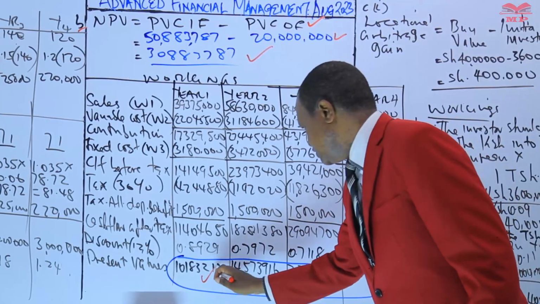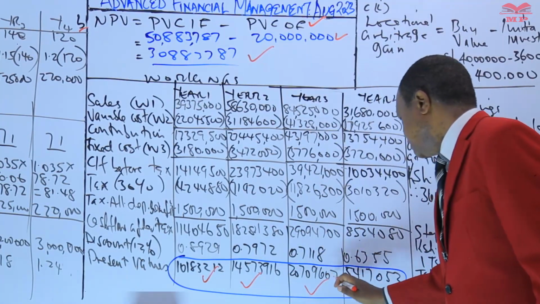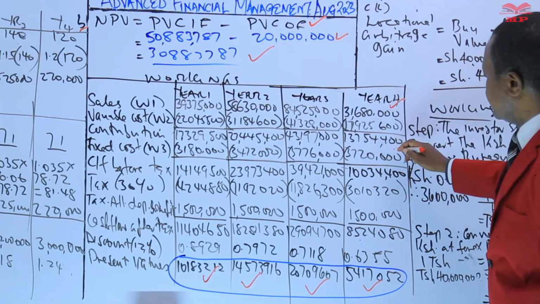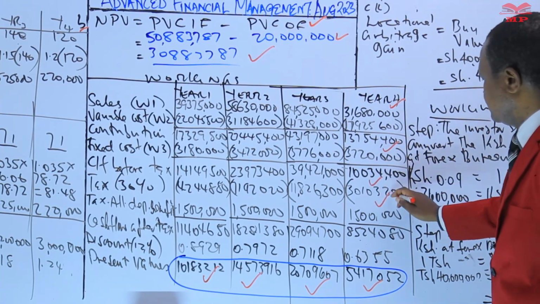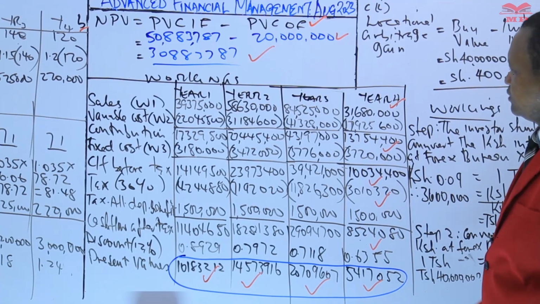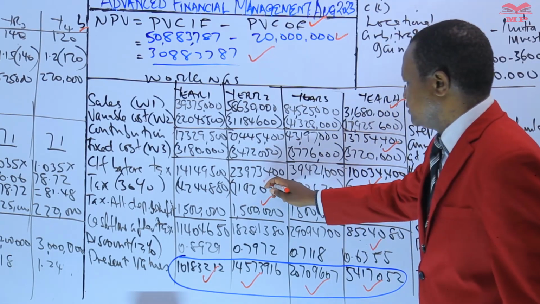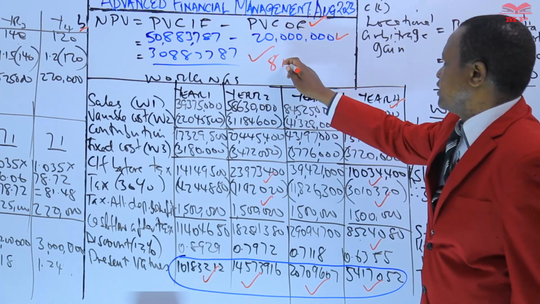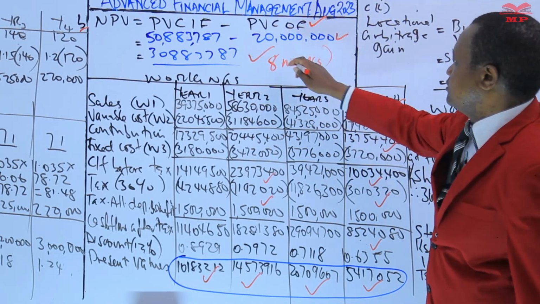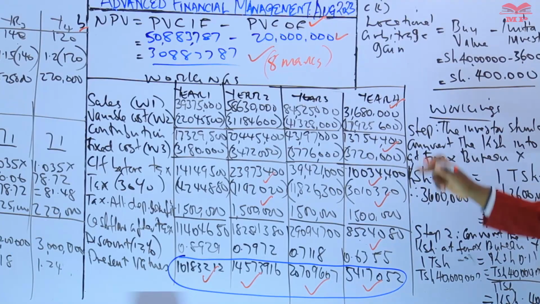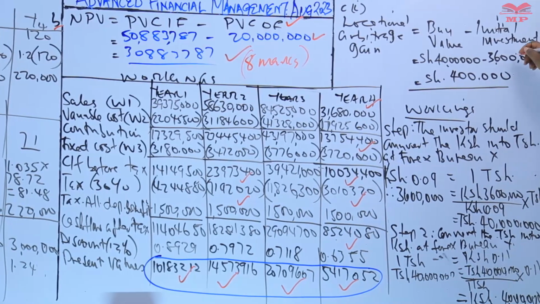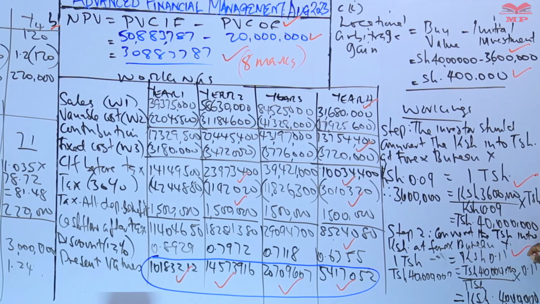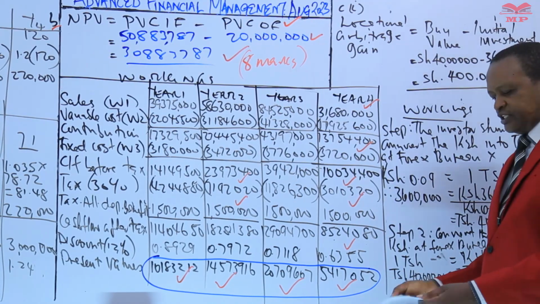These were the present values, 1, 2, 3, 4. All these are workings. 8 marks. Then part C, locational arbitrage, this is 4 marks. And the explanation there is 2 marks.